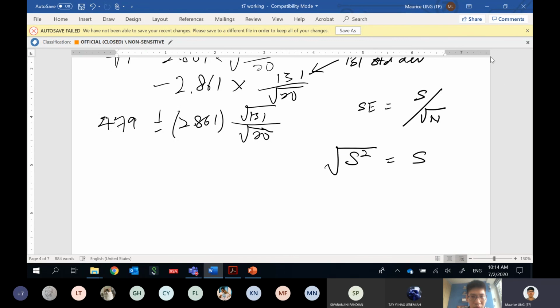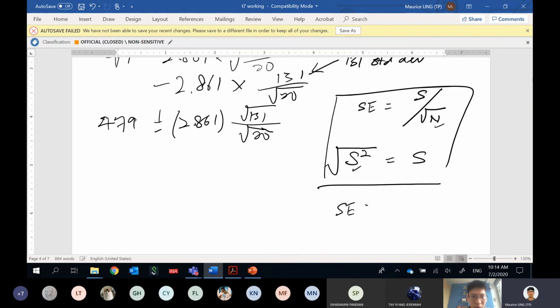That's why you end up with square root on both sides. So you end up with standard error as the square root of variance over square root of sample size, which is this.